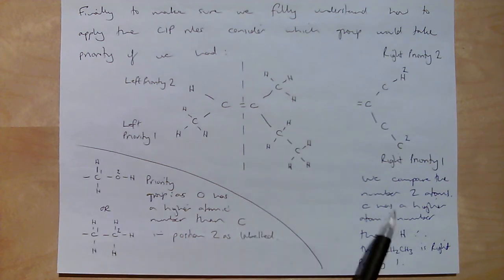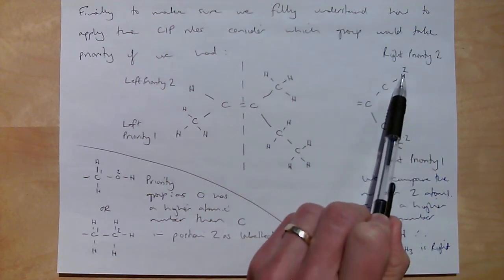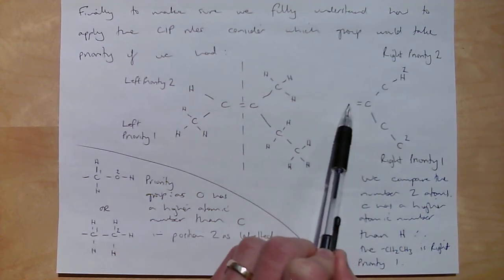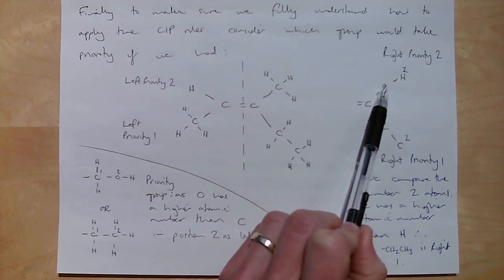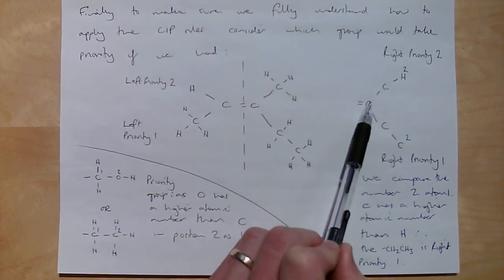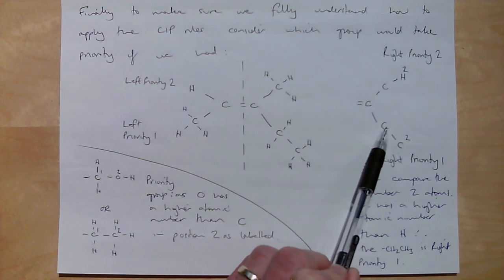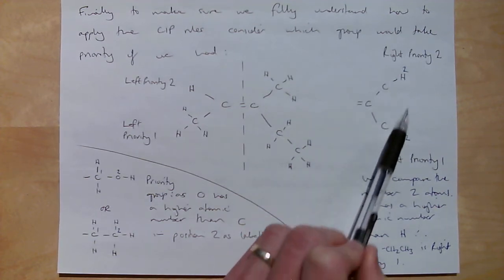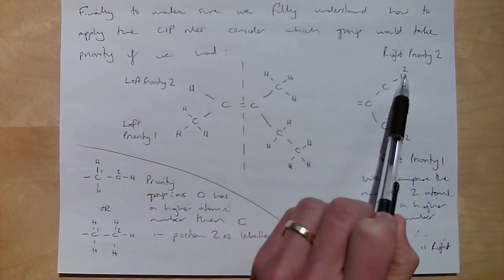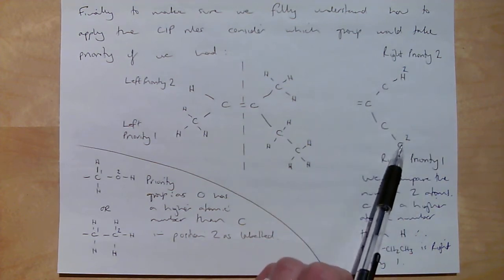Okay, so I've just summarised it a little bit like this here. I've called these position 2, so there's my carbon-carbon double bond going this way. For both groups, a carbon is attached to that carbon. Okay, and then, so therefore, because they're the same, I have to go to the next atom on the chain. So that is then a hydrogen, and that is a carbon.